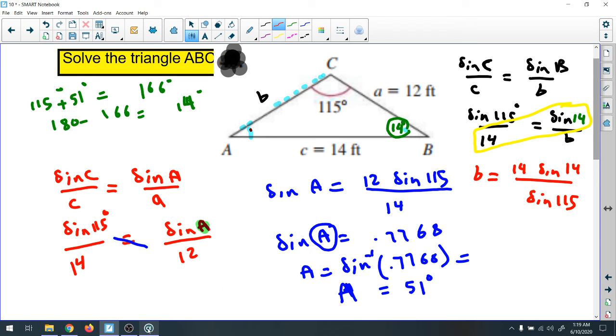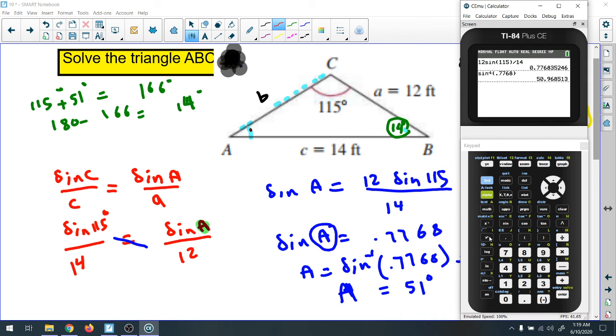Let's calculate that here. 14 sine 14 divided by sine 115 equals about 3.7.